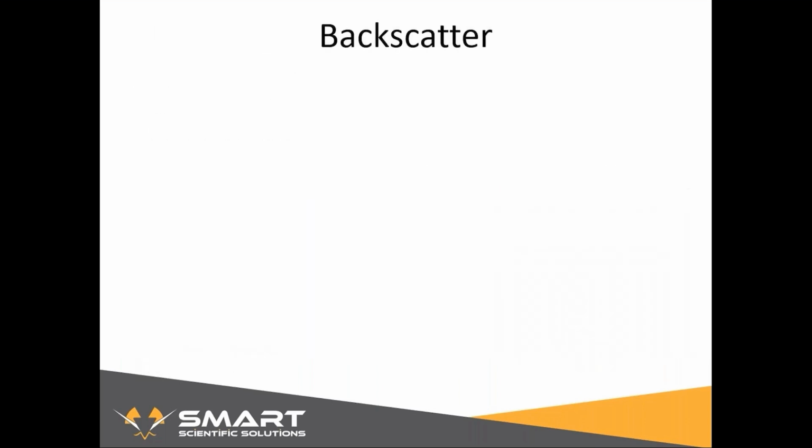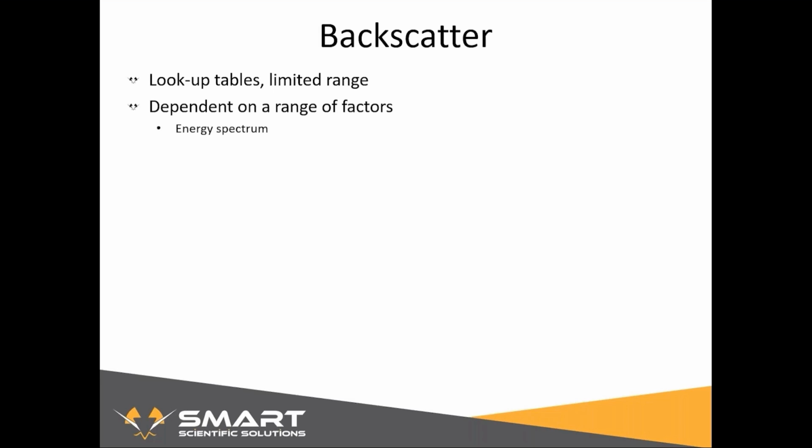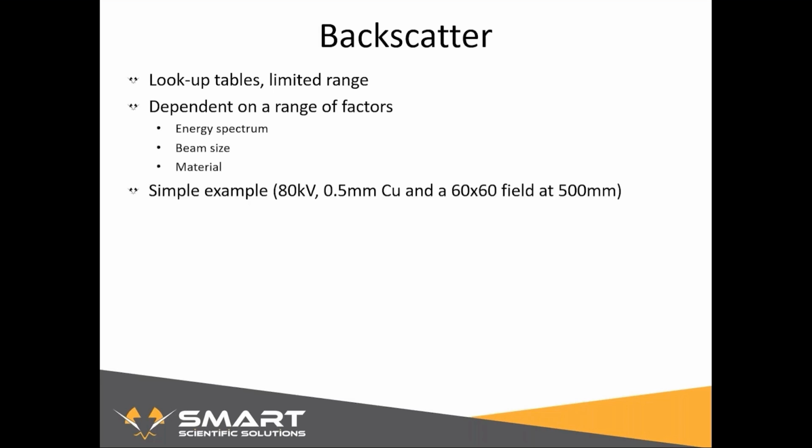However, depth dose correction is not the only factor. You have backscatter. How this is done usually is with lookup tables, and they have a limited range of setups. The backscatter is dependent on a range of factors, namely energy spectrum, beam size, material.